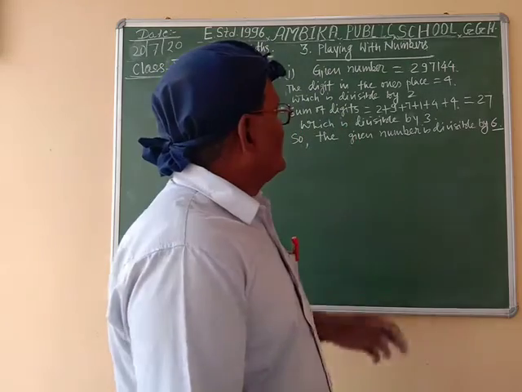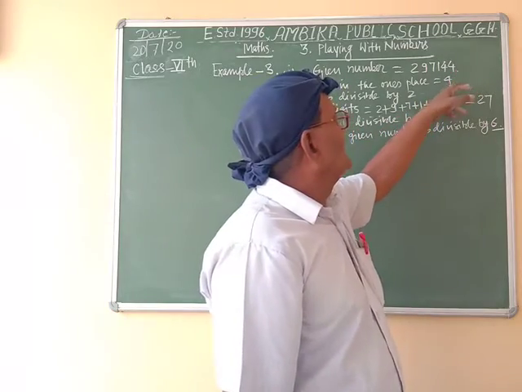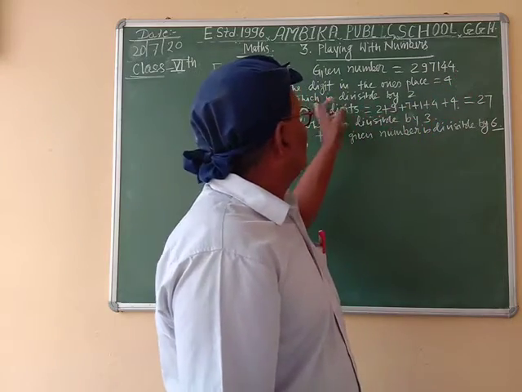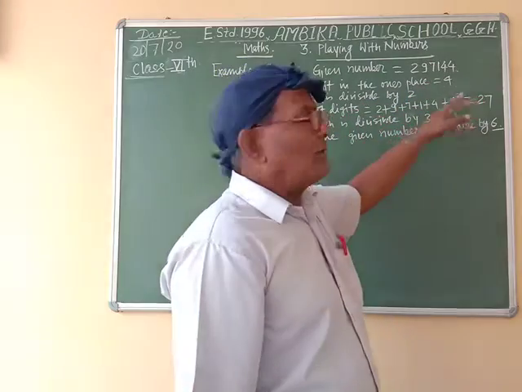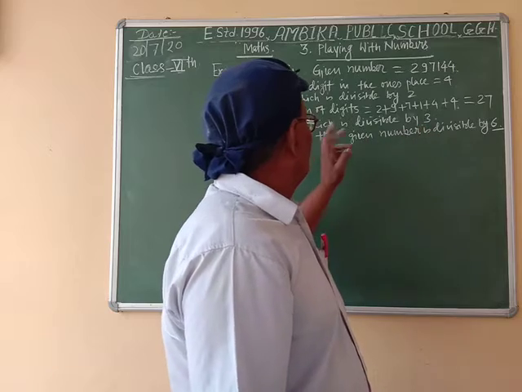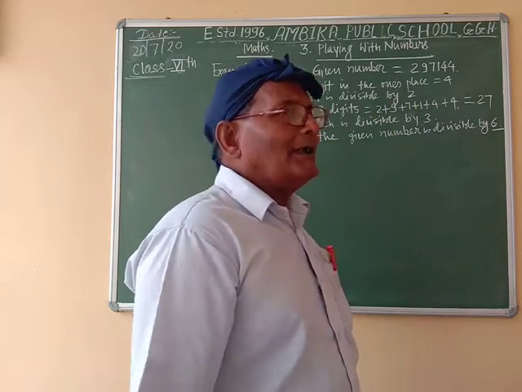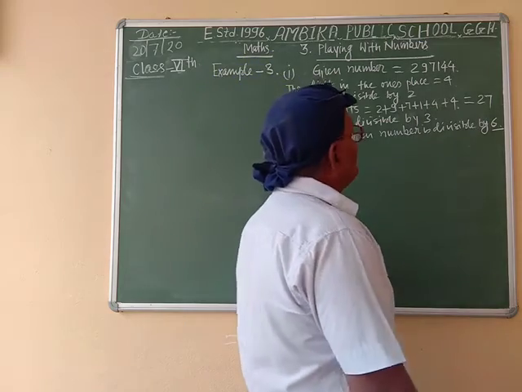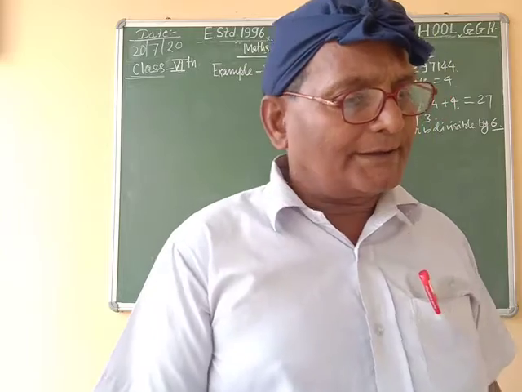Here we see that the digit at ones place is 4, so it is divisible by 2, and the sum of digits is also divisible by 3. The given number is divisible by both 2 and 3, so the given number is divisible by 6.